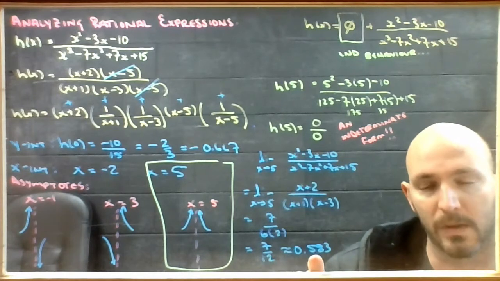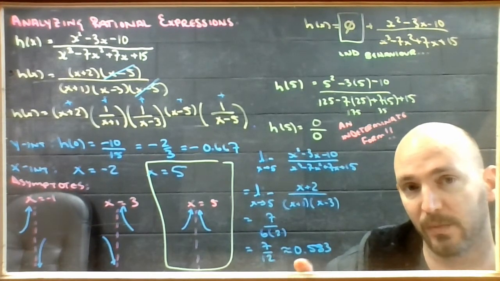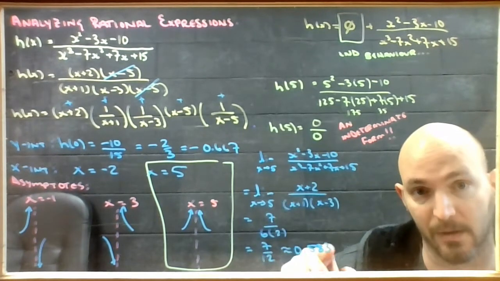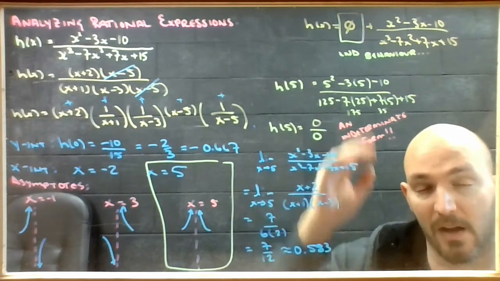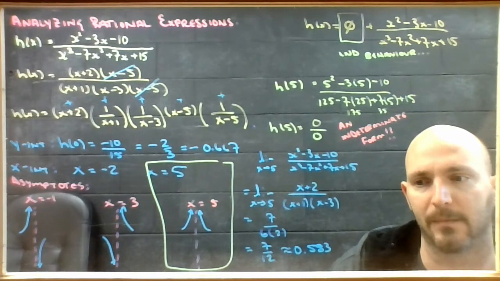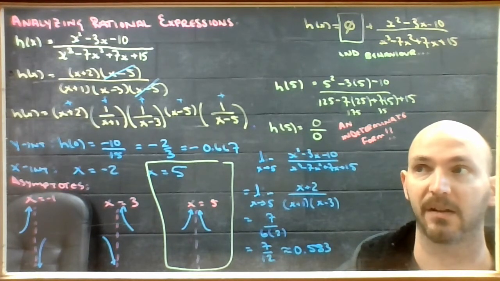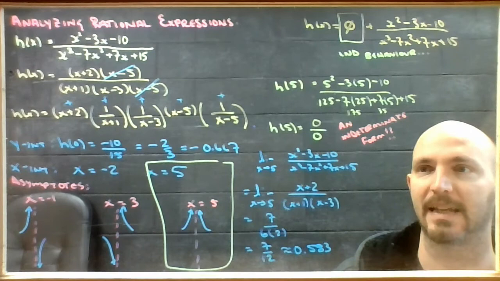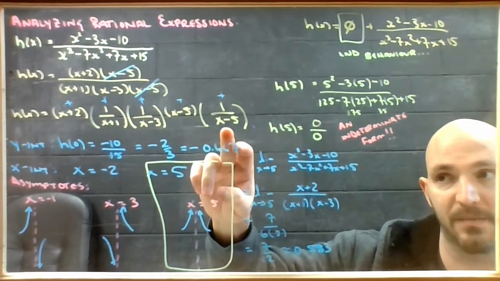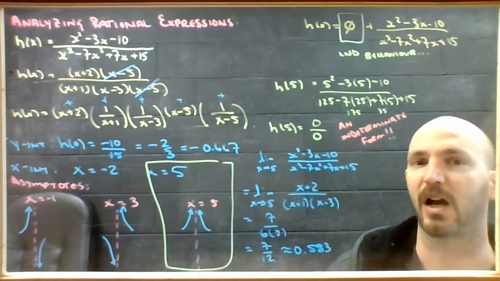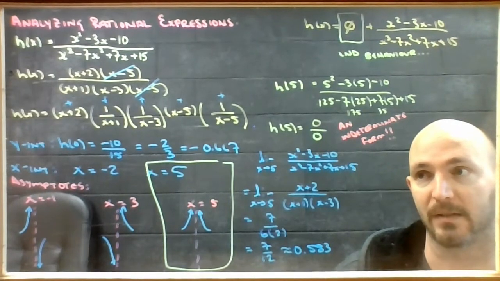So when I went to do this, if the intercept had won, this value would be 0, right? A y value of 0 is an intercept. If the asymptote had won, then this would have fired off to infinity, which it obviously did not do. So net, what seems to have appeared in this rational expression is that the x-intercept at 5 and the vertical asymptote at 5 managed to unwrap each other and leave just a dot somewhere on the grid.